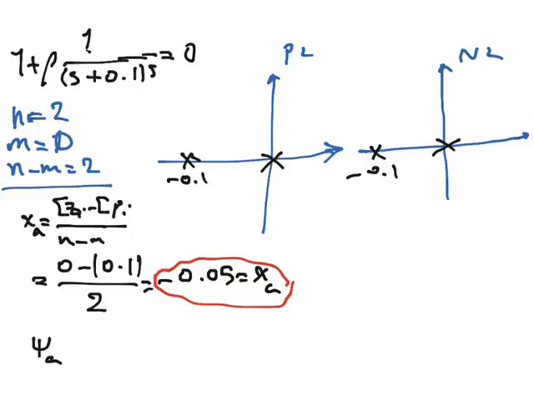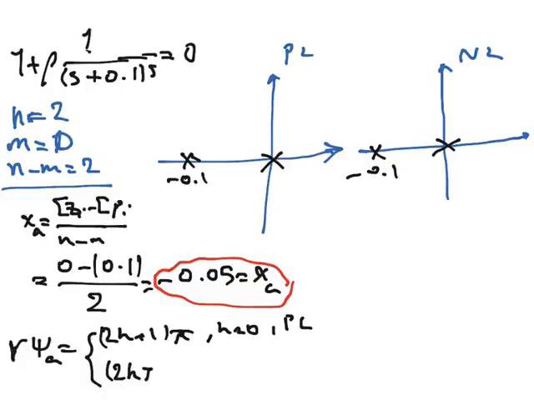For the angle, we have r times the angle of the asymptote equal to (2h plus 1) pi for positive locus, and 2h pi for negative locus.